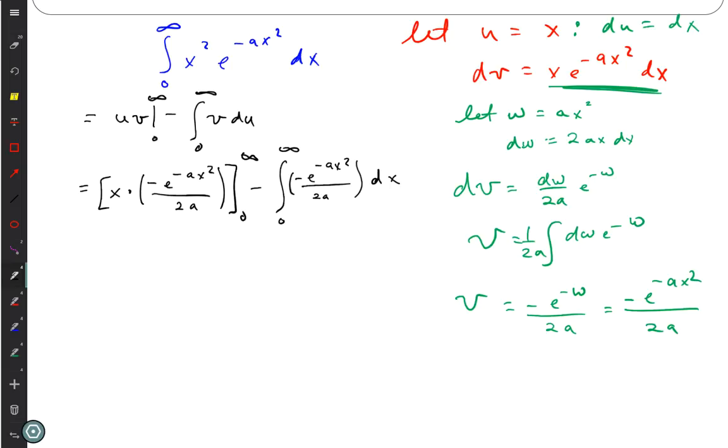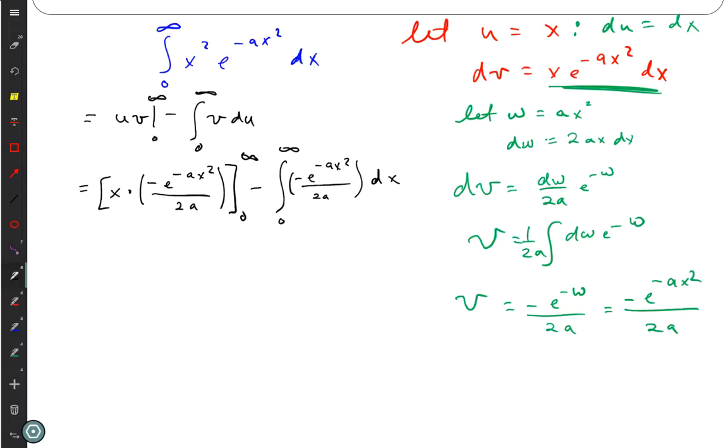If I do this, what do I have? This first one has an x, a polynomial, times an exponential. Putting in the value of 0, if x is 0, I have 0 times e to the minus 0, 0 times 1, that's just 0.